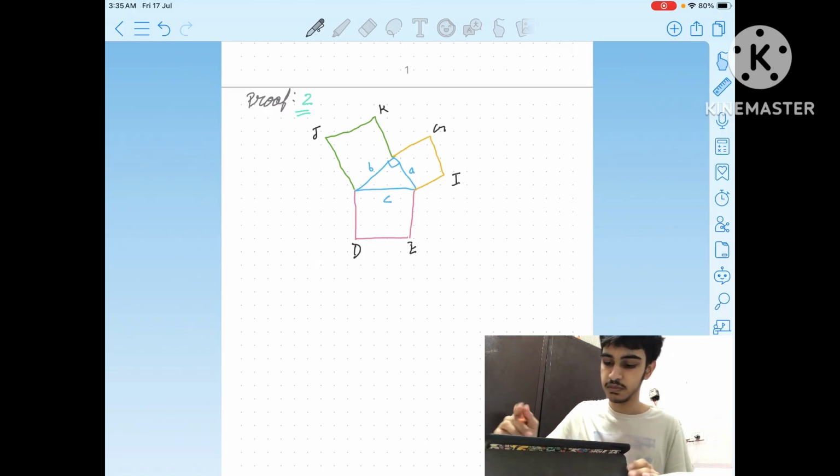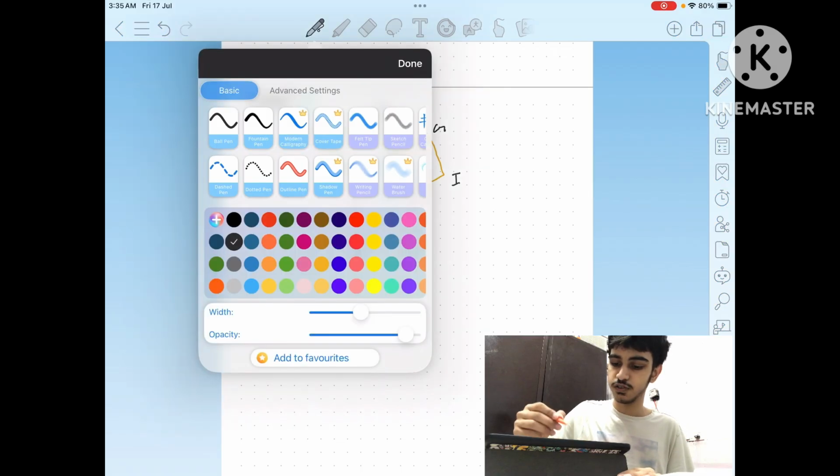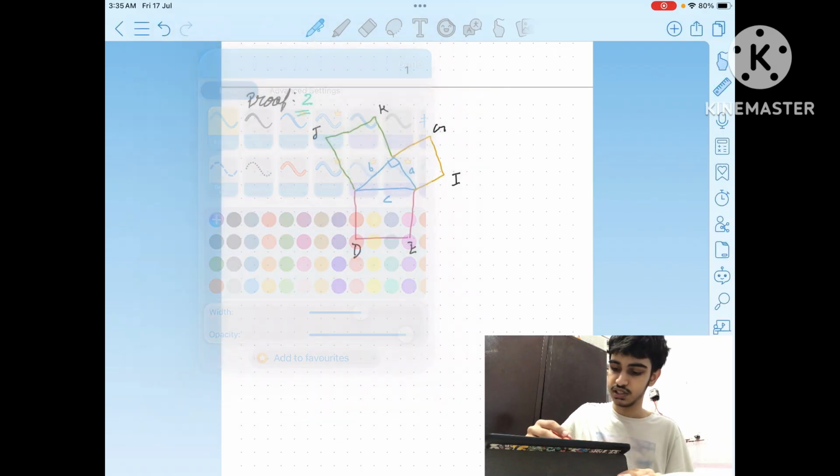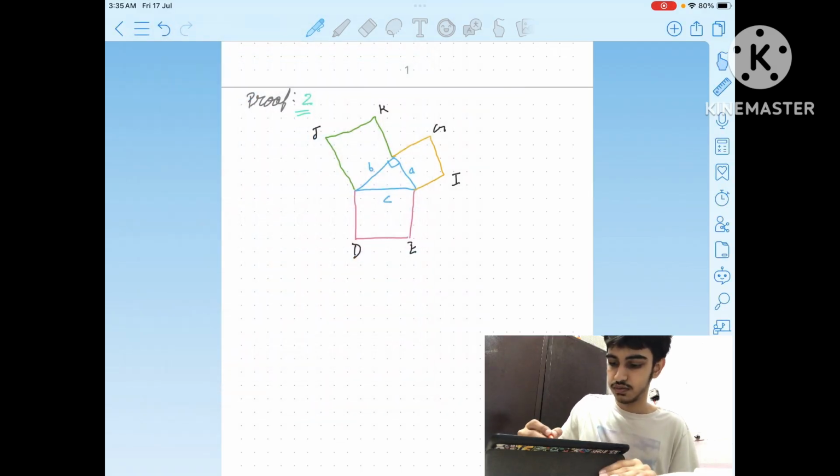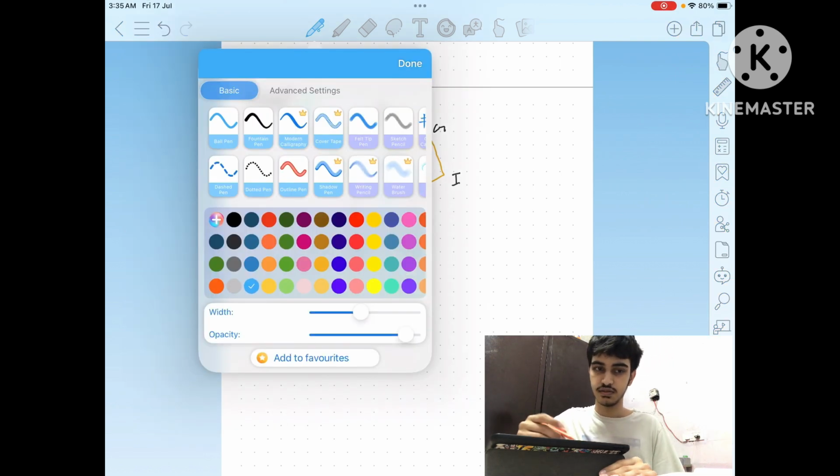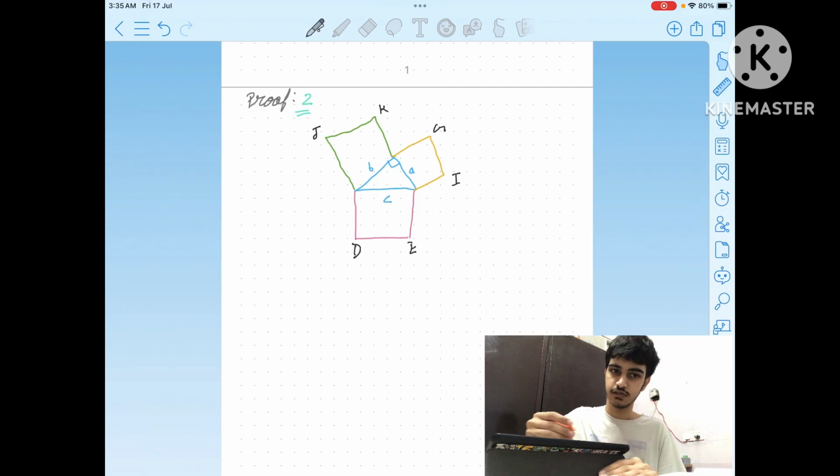So we have named them, and let us first of all join these sides. Let me also name the triangle, it will be a little helpful.